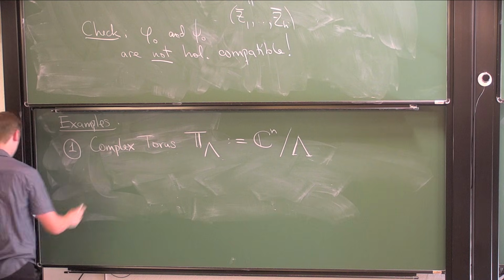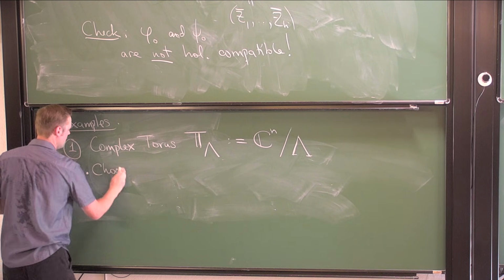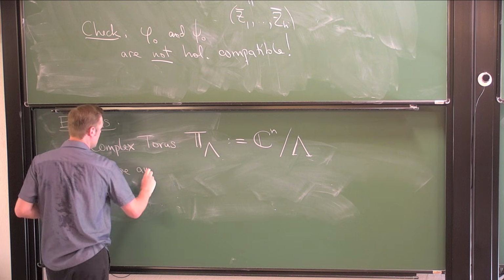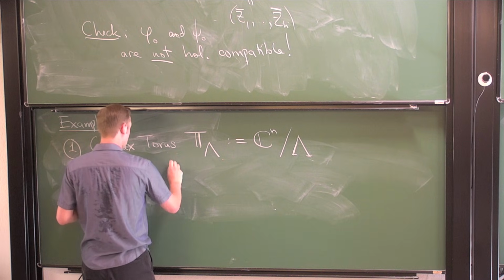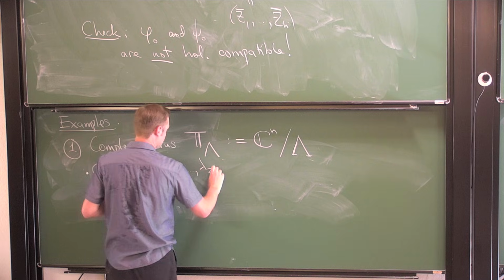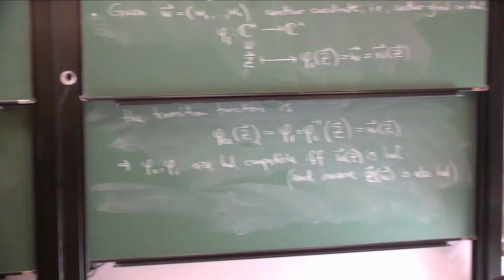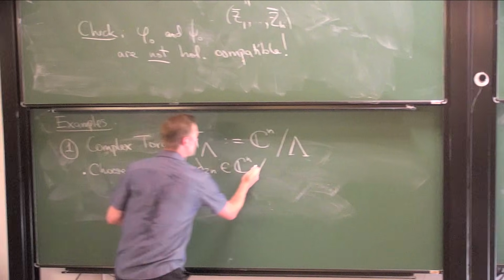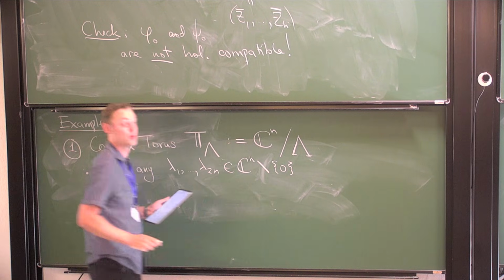So here's how this goes. First, choose any 2n non-zero complex vectors in C^n, and call them lambda 1 down to lambda 2n. I just want them to be non-zero.